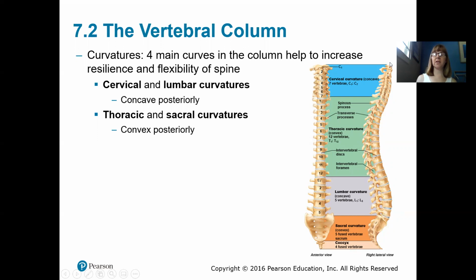You'll notice that it curves first concave, then convex, then concave again, and then convex. So it has an S-shaped curve as you go down. First, how it curves posteriorly, and how it curves back and forth, allows for better support in our body.